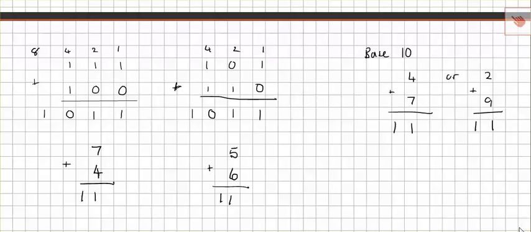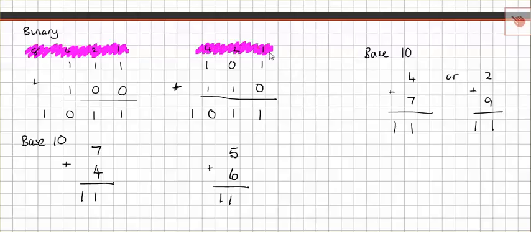I'll let you write that down. So this is in base 10. And I will just highlight this top row so that you know that's not part of the sum. That's part of the labelling.